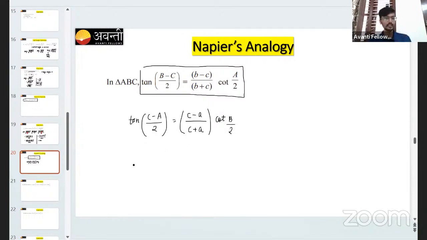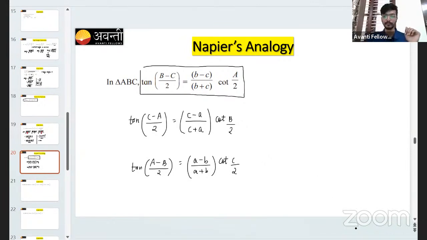And similarly the last one. What is the last one? Tan (a minus b) upon 2 will be equal to what? (a minus b) upon (a plus b) into cot c by 2. Simple. These three formulae are Napier's analogy.